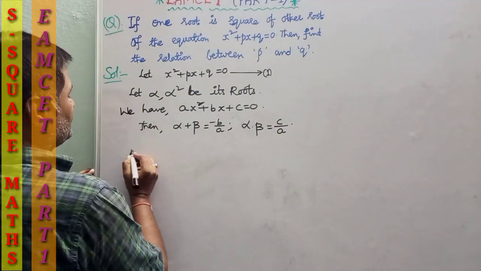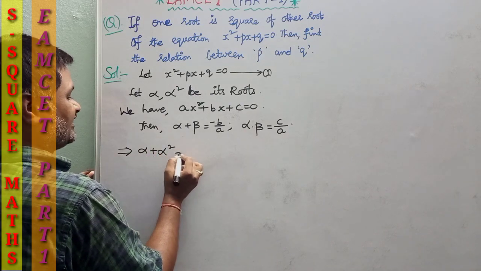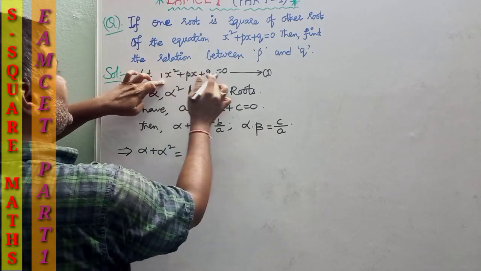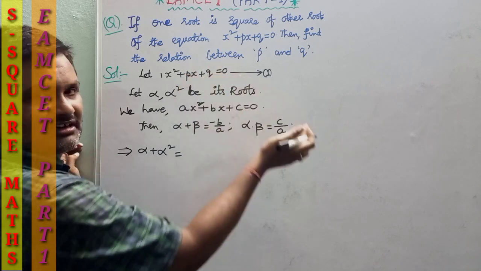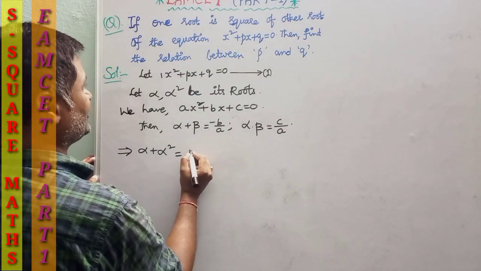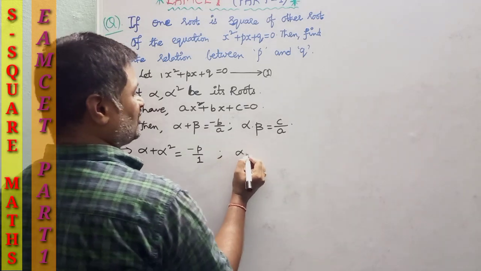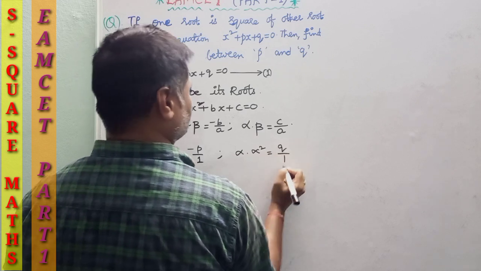Therefore, alpha plus alpha square is equal to minus b by a. Here a is 1, b is p, and q is our c. So I can write minus p by 1, and alpha into alpha square is equal to q by 1.